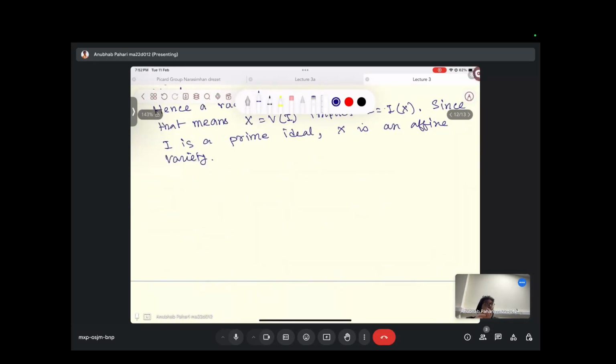And also, the polynomial ring of a Euclidean domain.